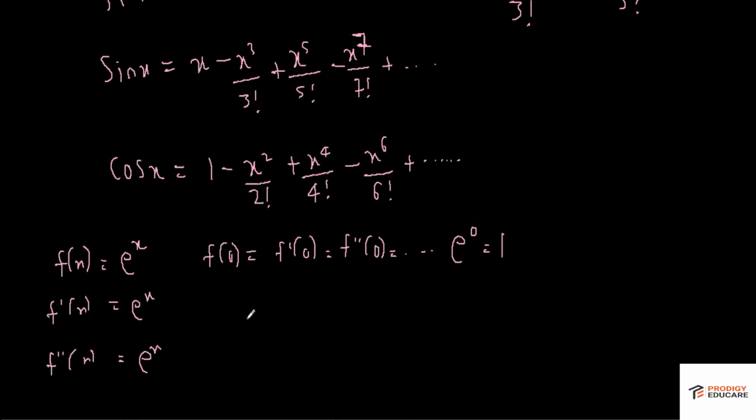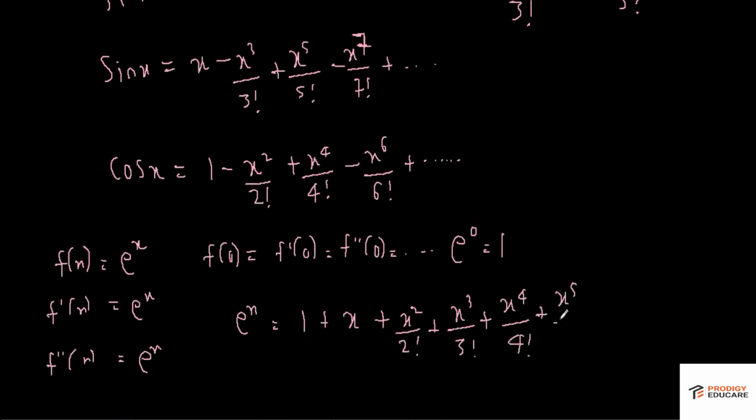So e raised to x is simply, I'll write e raised to x as 1 plus x plus x square by 2 factorial plus x cube by 3 factorial plus x raised to 4 by 4 factorial plus x raised to 5 by 5 factorial plus, and so on.